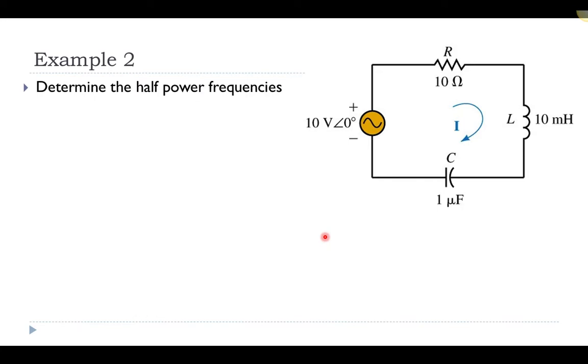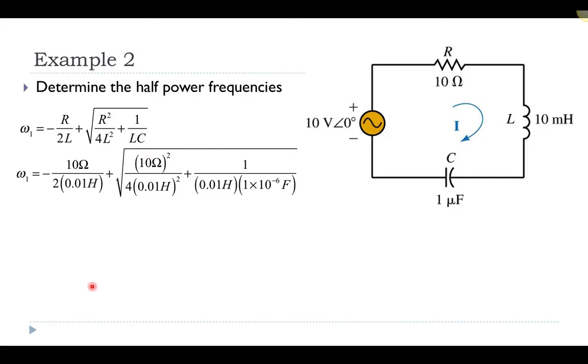We can determine the half-power frequencies. So we know that the lower half-power frequency is just negative the resistance over twice the inductance plus the square root of the resistance squared over 4L squared plus 1 over LC.